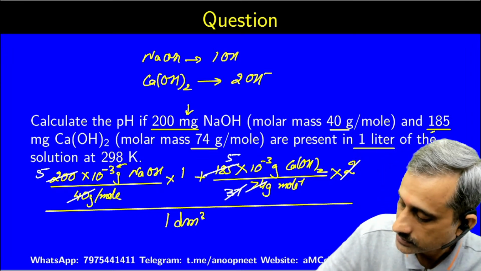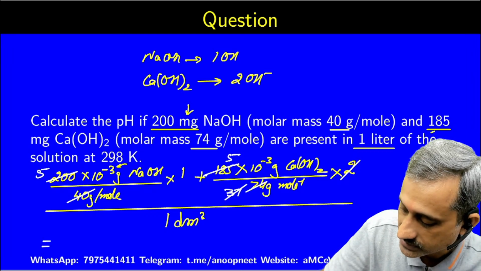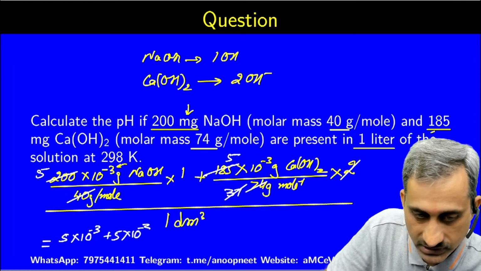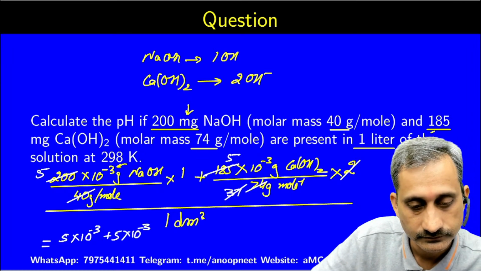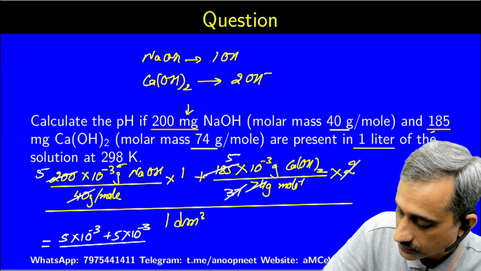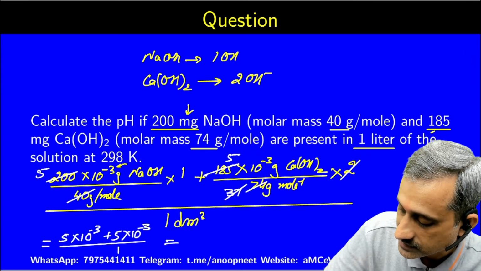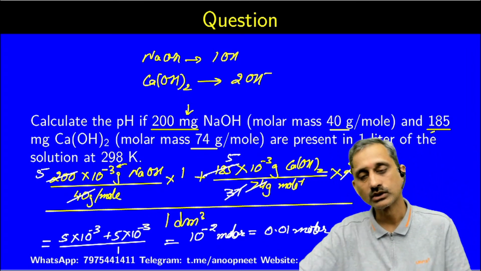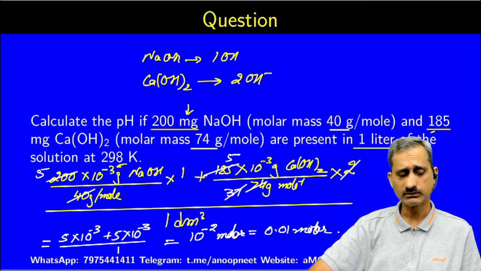Okay, so it comes out to be 5 into 10 raised to power minus 3 plus 5 into 10 raised to power minus 3, divided by 1. So that turns out to be 10 raised to power minus 2 molar. That is 0.01. Now we have 0.01 molar concentration of OH minus. pH निकालने में कोई problem?